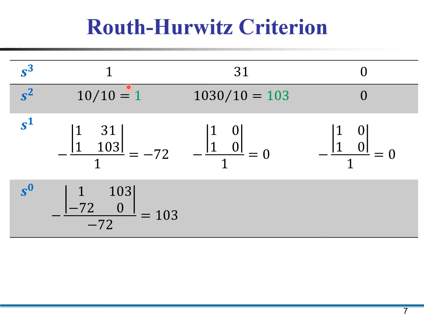If you look at this table, this element is positive, this one is also positive, this is negative, so there is one sign change, and when I look over here there is another sign change, so there are two sign changes. This means there are two poles in the right half S-plane. Because this is a cubic polynomial, one pole is in the left half S-plane.